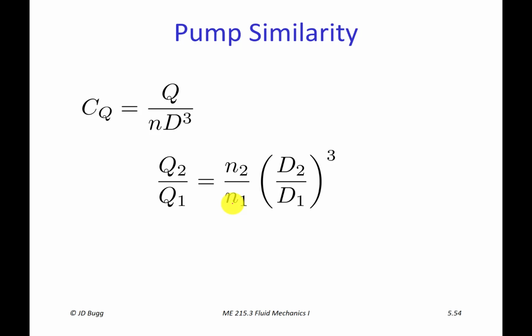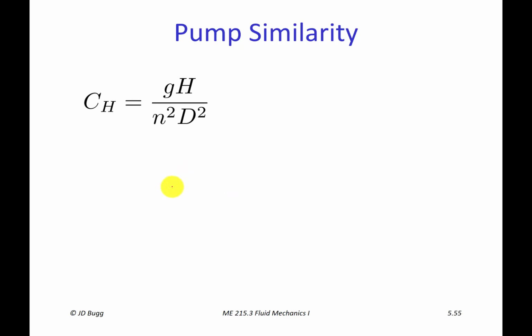This will tell us the ratio of their flow rates. This is very useful information because if we know the performance of a particular pump, maybe pump 1 running at a particular speed, and we want to know what happens if we speed that pump up, or if we get one that is the same but is a different size, we can figure out what happens to the flow rate from our pump similarity laws.